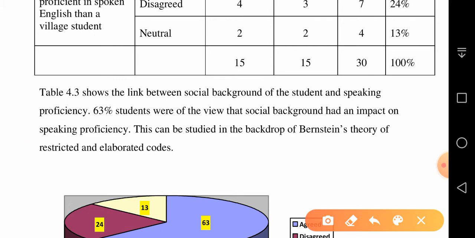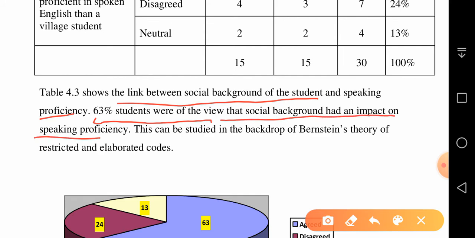So here is the interpretation and discussion. Table 4.3 shows the link between social background of the student and speaking proficiency. 63% students were of the view that social background had an impact on speaking proficiency. This can be studied in the backdrop of Bernstein's theory of restricted and elaborated codes.